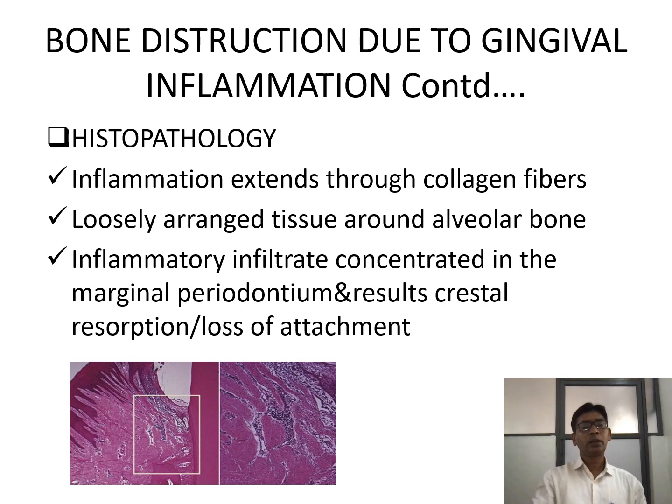During this host and microbial war, there will be a destruction of some amount of the neutrophils also, leading to exudate, where the contents of the neutrophils get into the connective tissue of the gingiva, resulting in the loss of attachment or crestal resorption, wherein the gingival inflammation will extend to the periodontal pocket, leading to destruction of the periodontal ligament fibers, cementum, and alveolar bone.